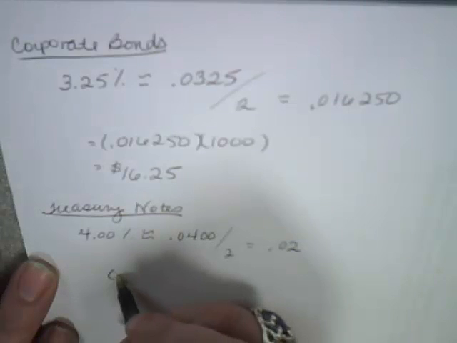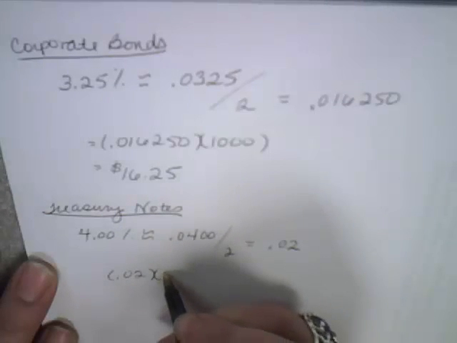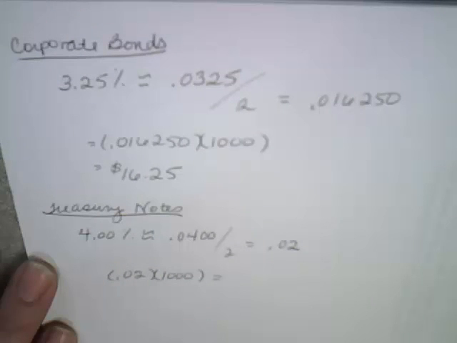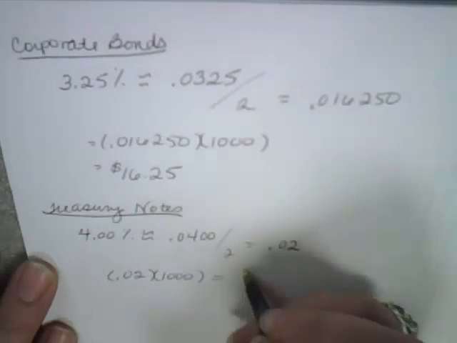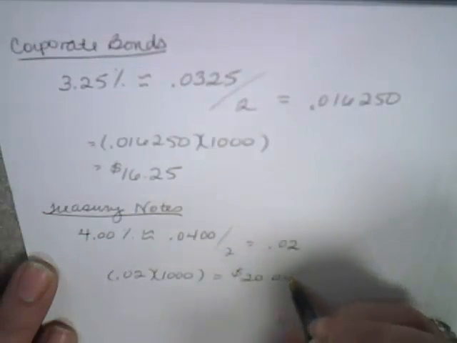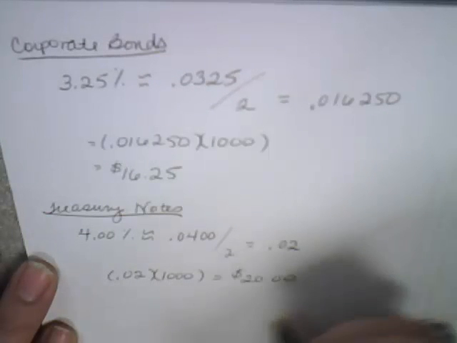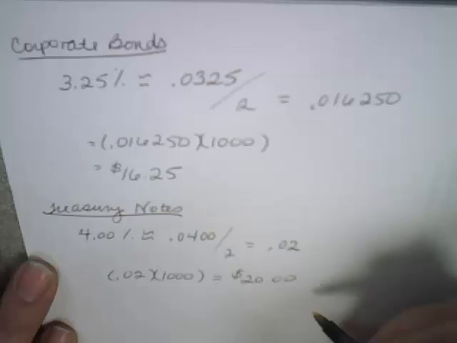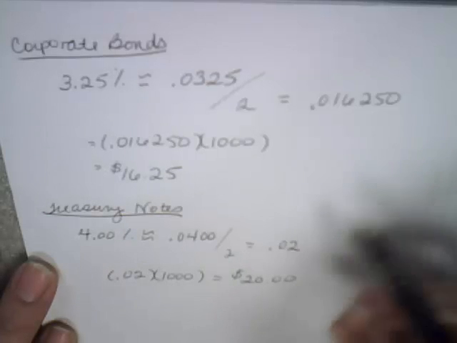We'll take that 0.02 and multiply it by the face value, or the par value, of $1,000, which is going to give me a $20 interest payment. So again, all we're doing here is calculating a single interest payment, which would be a payment made every 6 months.